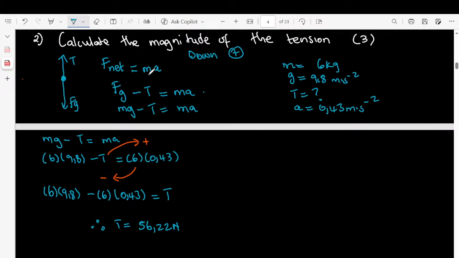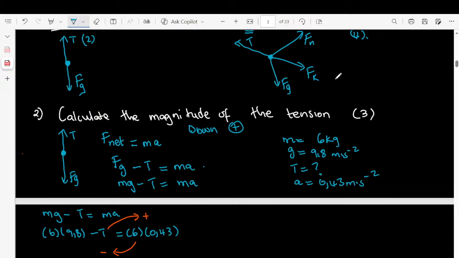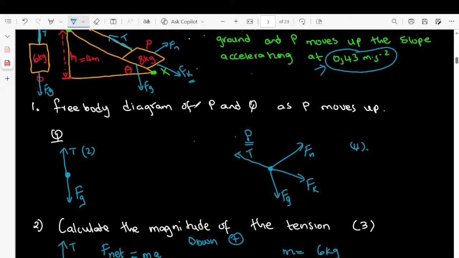What you just asked now is very important. Tandeka is asking: are we indicating friction on the free body diagram because for box P we have FK because there was a movement? Yes. They said draw the free body diagram of P and Q as P moves up. So we're going to include friction because it starts moving.